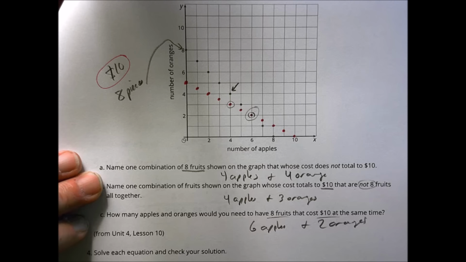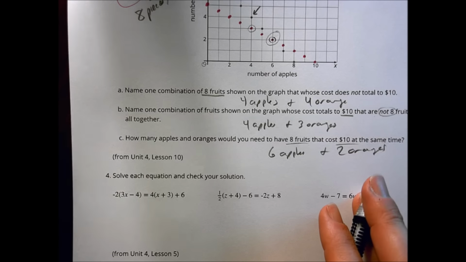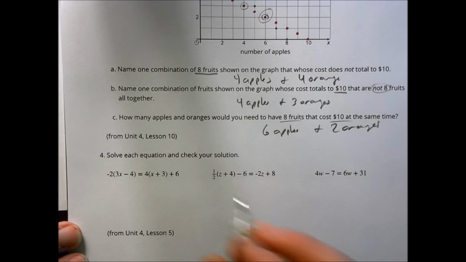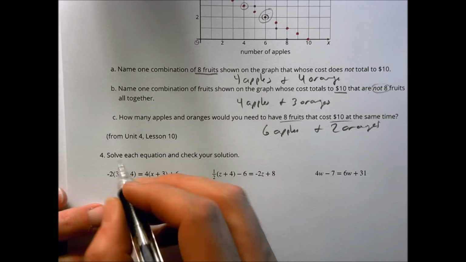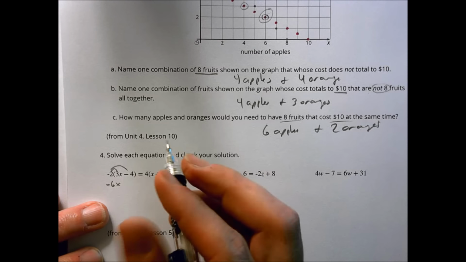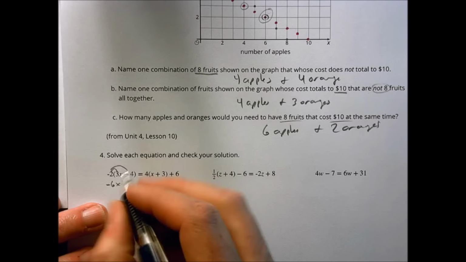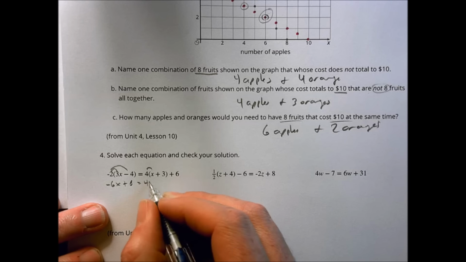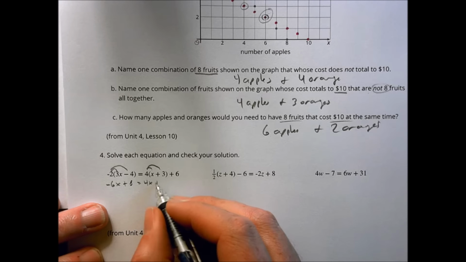Got it. Alright, and our last one here, and I'm going to call it a day. Solve it and check your equation. First thing here, I'm going to distribute. Negative 2 times 3 is negative 6x. And then negative 2 times a negative 4 is a positive 8. Equals 4 times x is 4x, and then 4 times 3 is 12 plus 6.